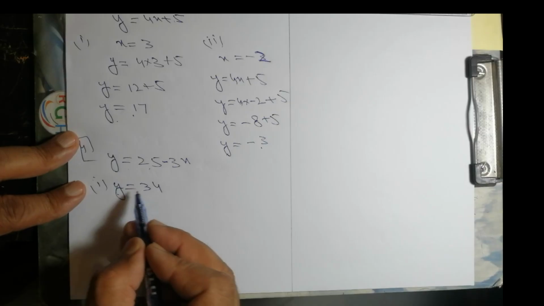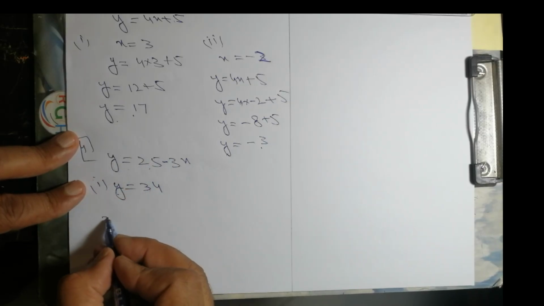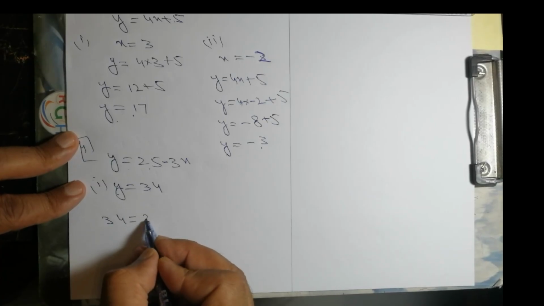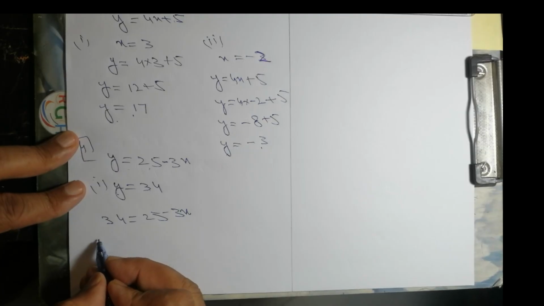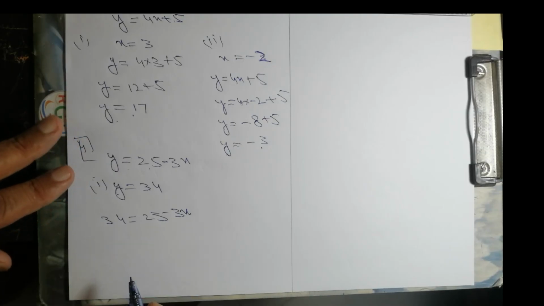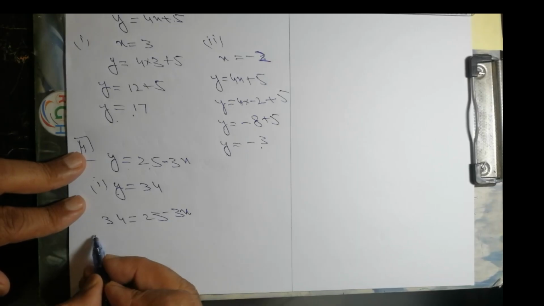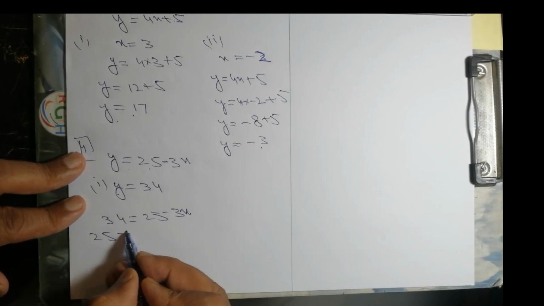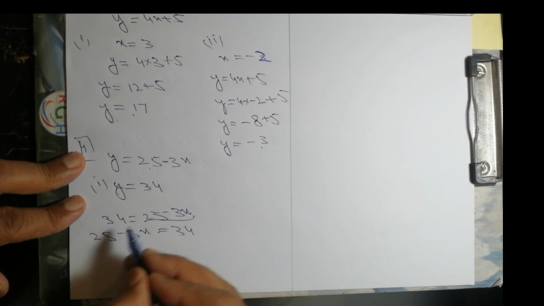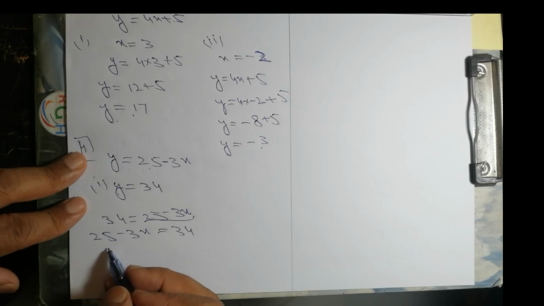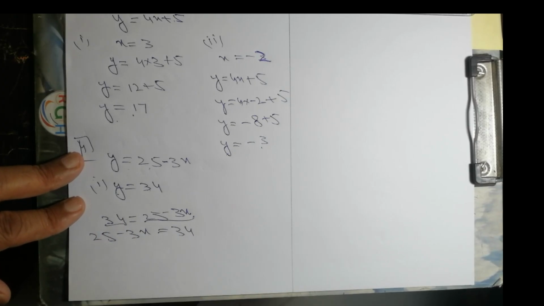Now put the value of y in this function, that is 34 equal to 25 minus 3x. Now we can write 25 minus 3x equal to 34. We shift the whole left side to the right and the right side to the left without changing anything.